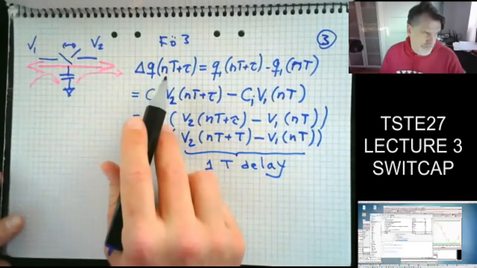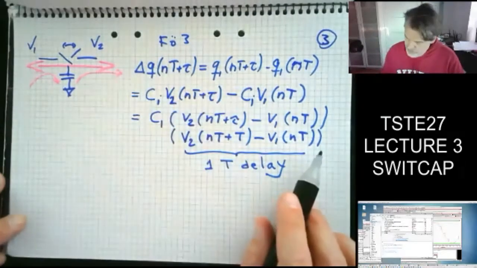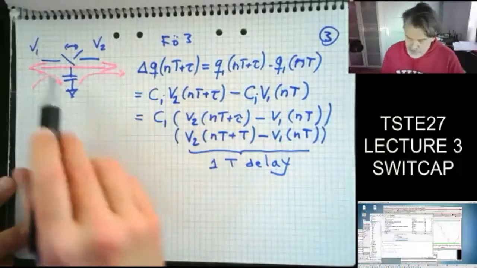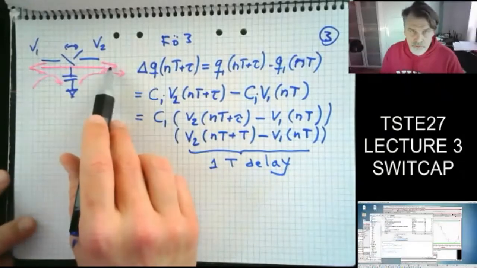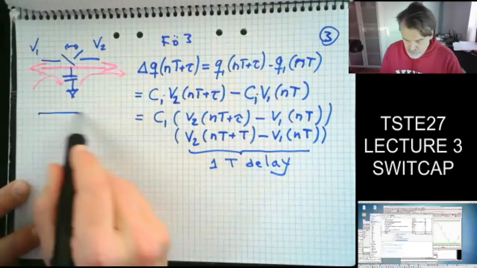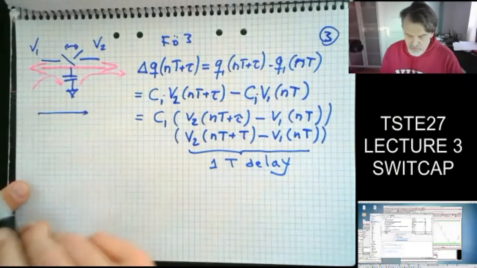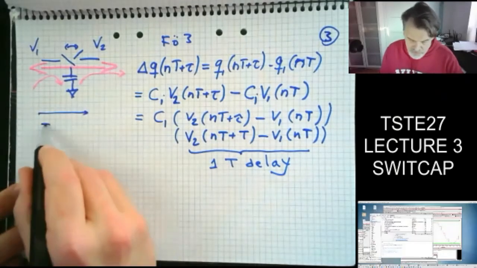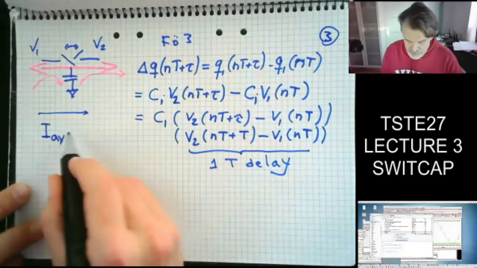Okay, so now what can we think about this? Well, I do have a transportation of charge during 1 T cycle. So I get a net transportation of charge during 1 T, and that's exactly the definition of a current.